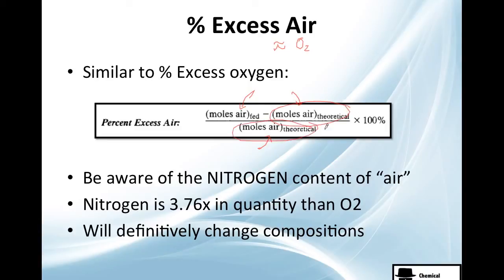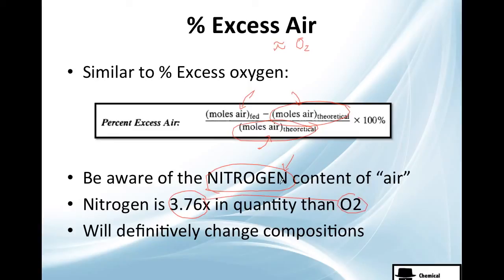Just be sure to have the same quantity. Times 100%, of course. Be aware of nitrogen content in air. Don't just add up oxygen. You need to add up nitrogen also, because nitrogen is 3.76 times the quantity of O2, so you will have a difference.